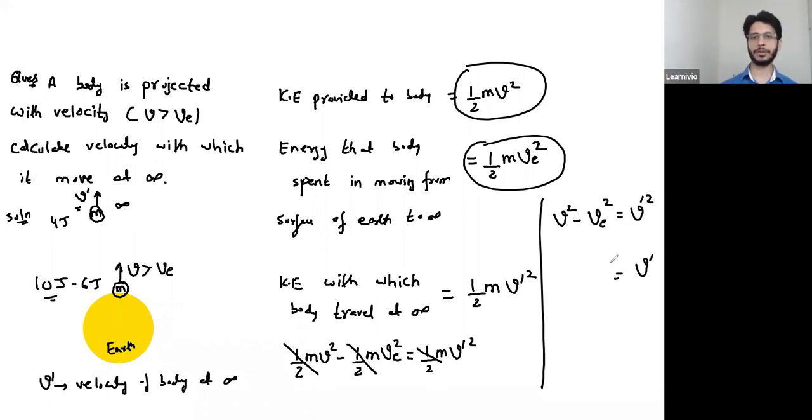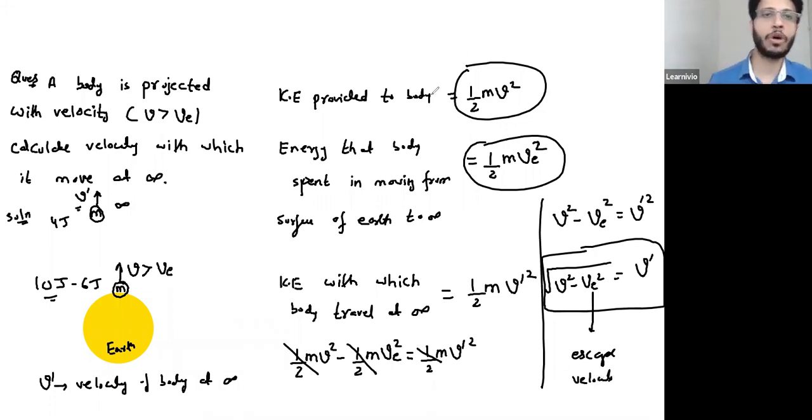So v prime comes out to be root over v square minus v_e square, where v_e is escape velocity. This is the velocity with which the body travels at infinity.